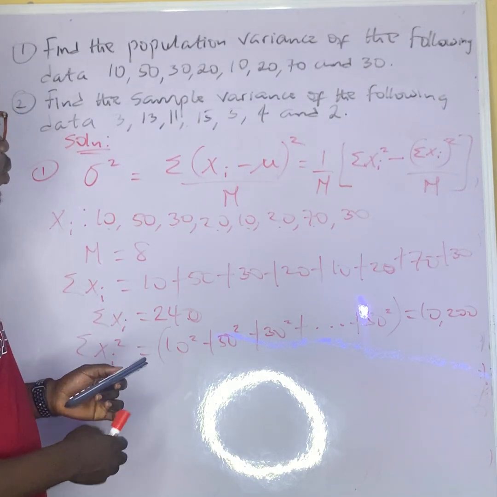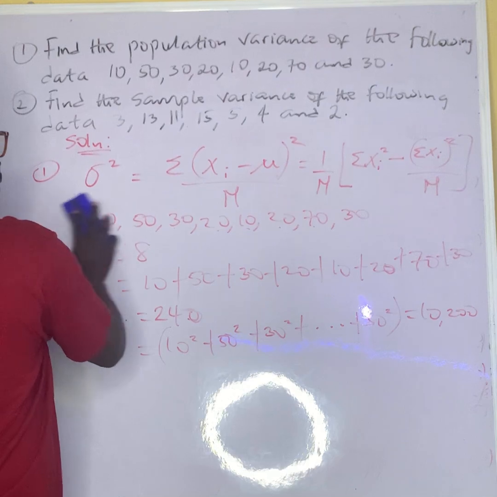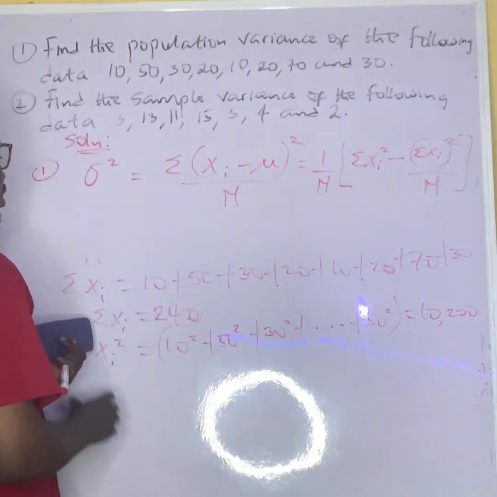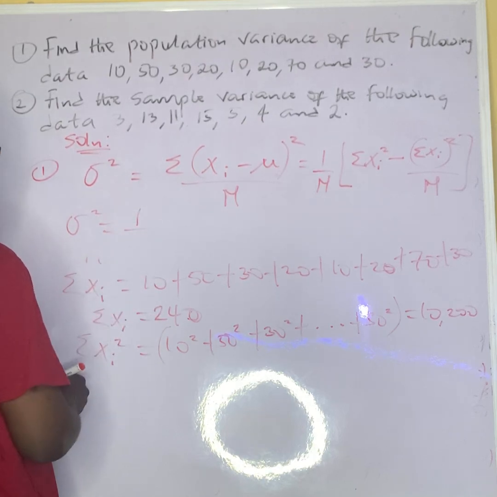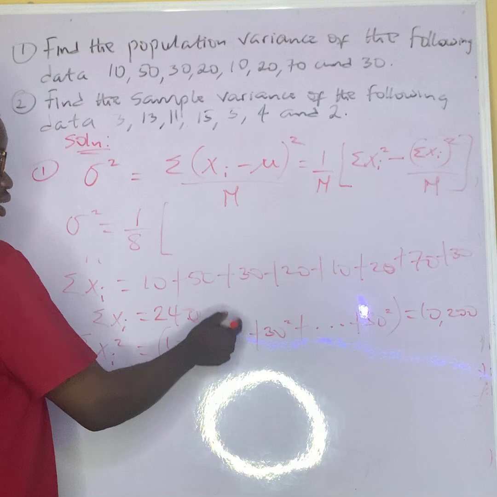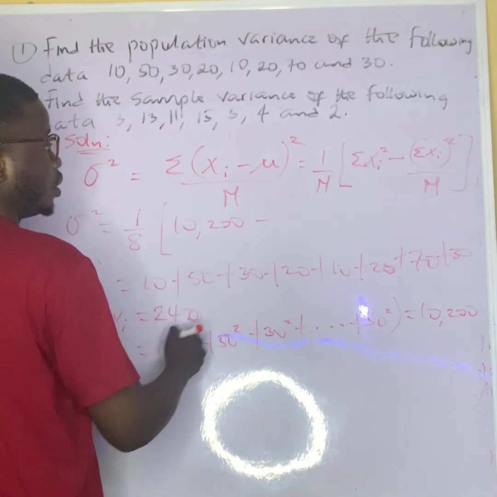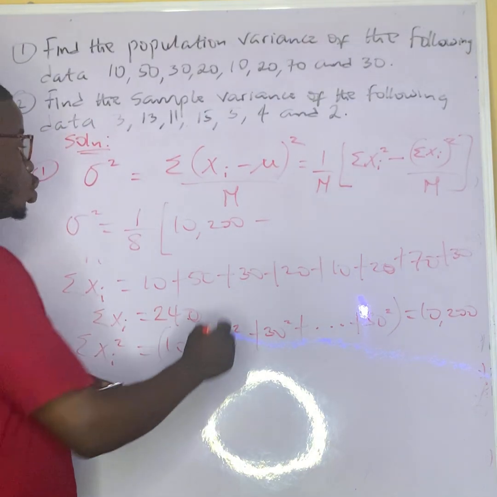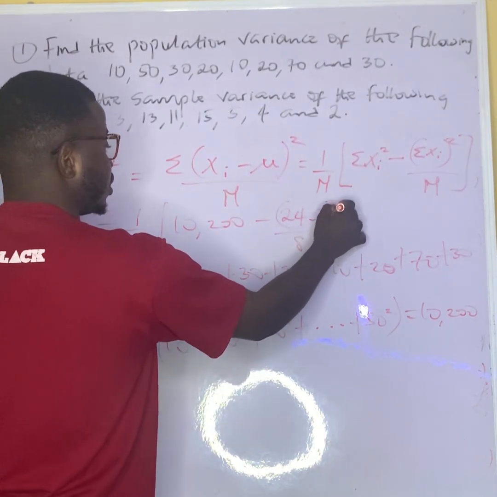Now we can go directly to this formula. The population variance is equal to 1 over our N, which is 8, in brackets summation xi square, that one is 10,200, minus summation x, that is 240 raised to the power of 2, over 8.